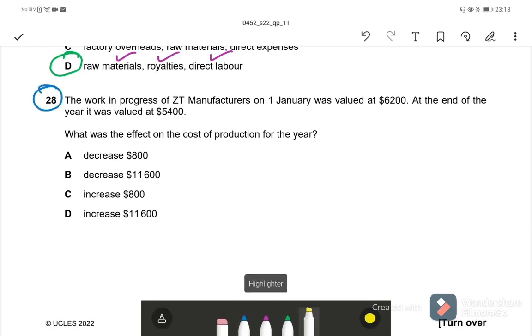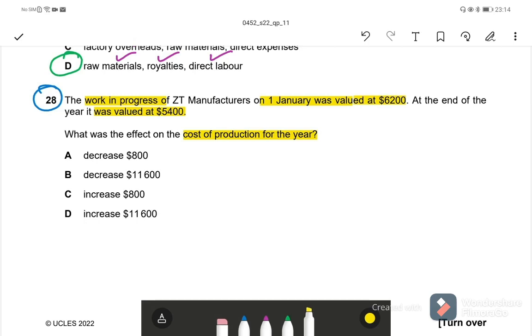28. The work in progress of ZT manufacturers on 1st January was 6,200 and at the year end it was 5,400. What was the effect on the cost of production for the year? Opening work in progress we add in the manufacturing account.